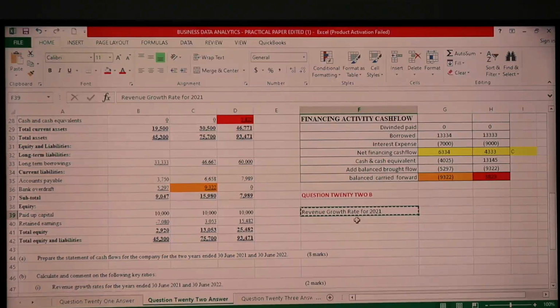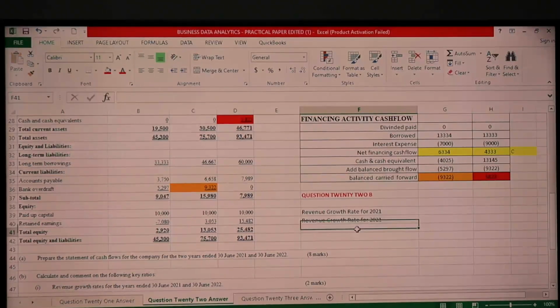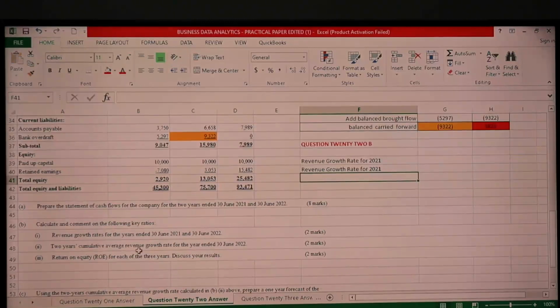So you can pick these and paste here. Then finally, you're supposed to get what?